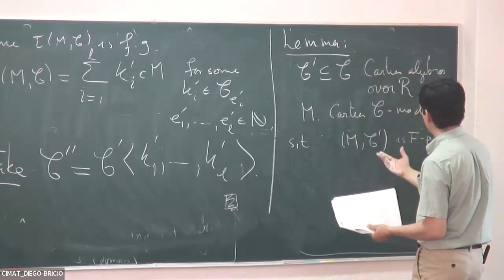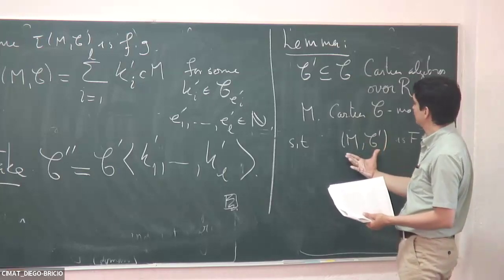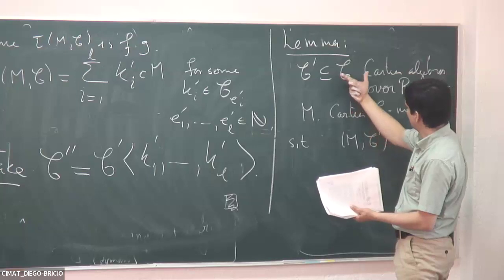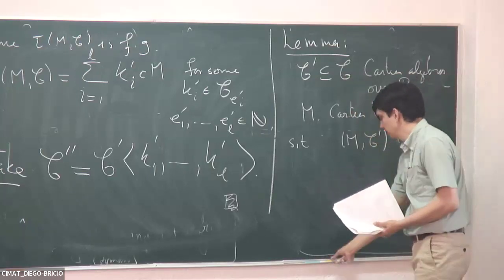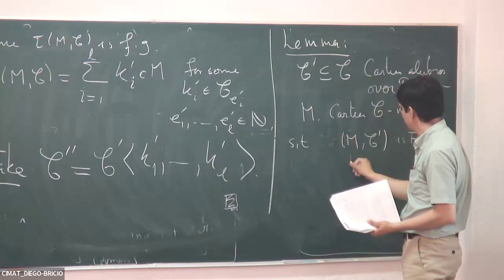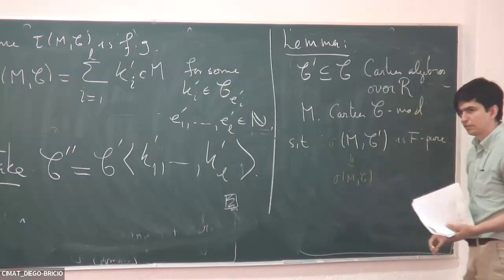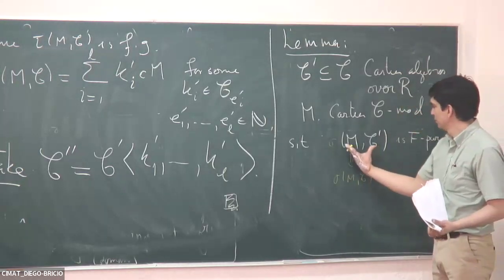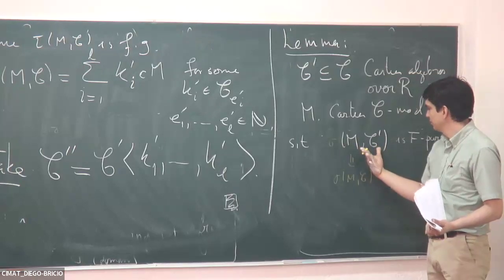So as we just said before, the sigma of this is contained inside the sigma of M comma C. So let me do this in yellow, just real quick. So in general, the sigma of M comma C prime is inside the sigma of M comma C. Right? That's pretty simple. This is the stable image in the direction of C prime.